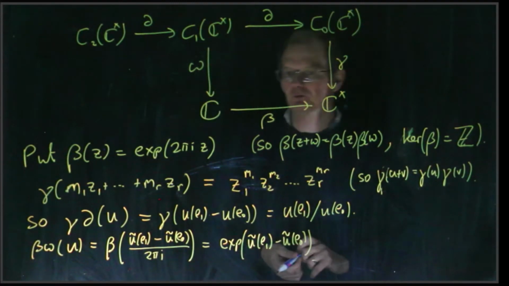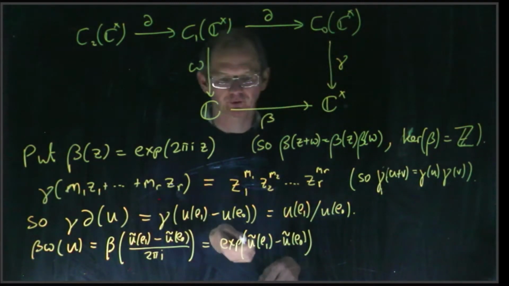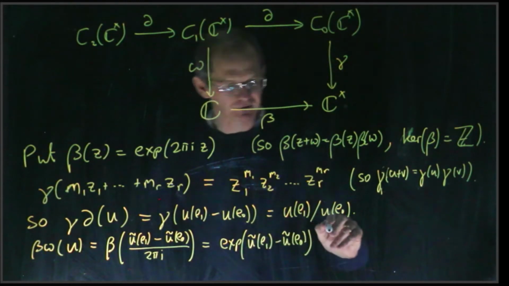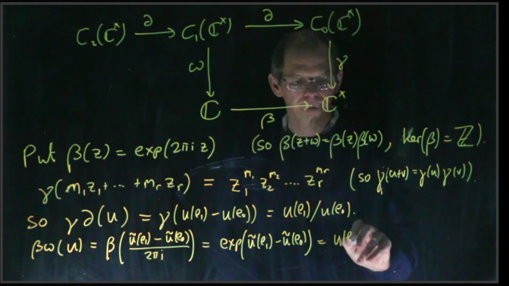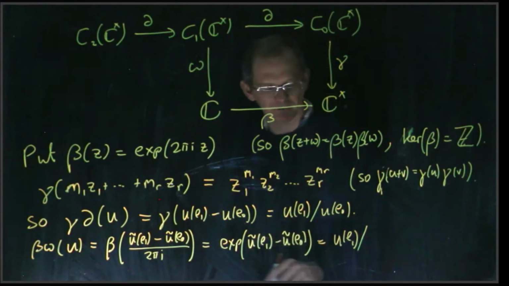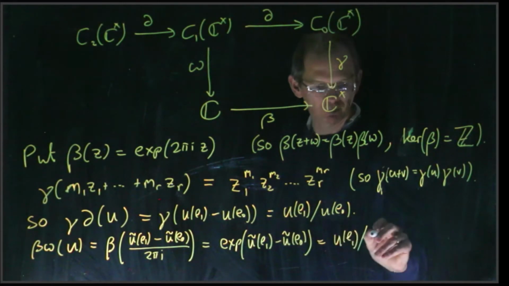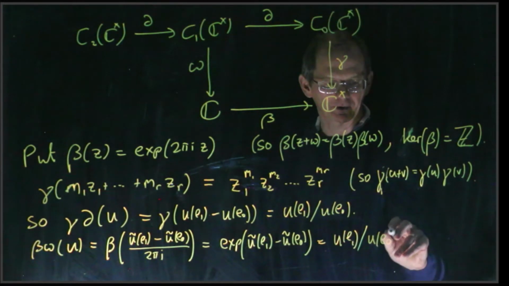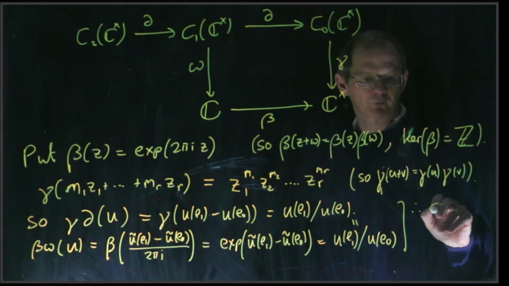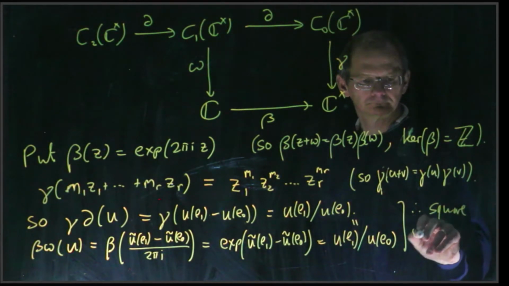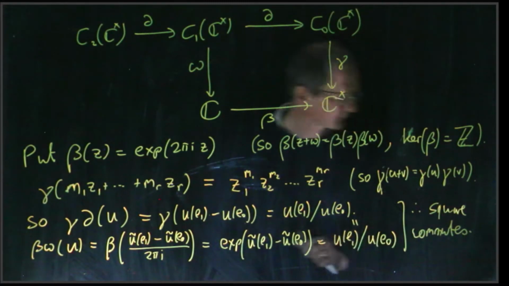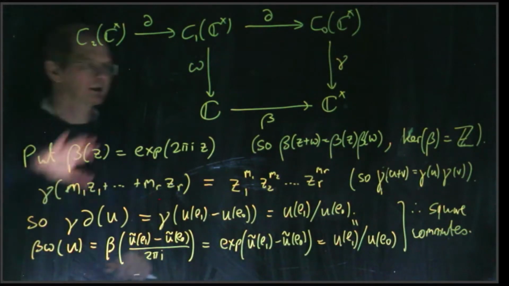But this u tilde is supposed to be a continuous logarithm of u. So the exponential of u tilde e1 is just u of e1. And because it's taking the exponential of the difference, that's the same as taking the quotient. So this is u of e1 divided by u of e0. So those are the same. So it's saying the square commutes. So we've got a commutative diagram like so.